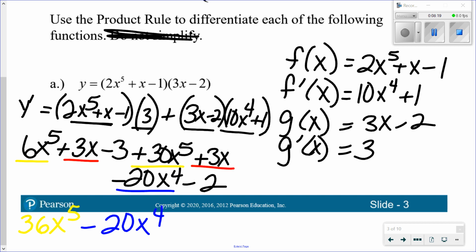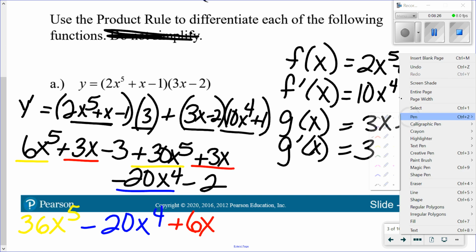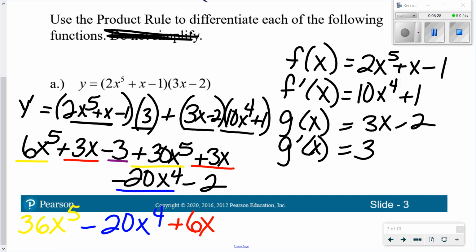Plus 3x and plus 3x. So that's going to be plus 6x. And negative 3 and negative 2, which will be minus 5. So that should be your y prime. 36x to the 5th minus 20x to the 4th plus 6x minus 5.